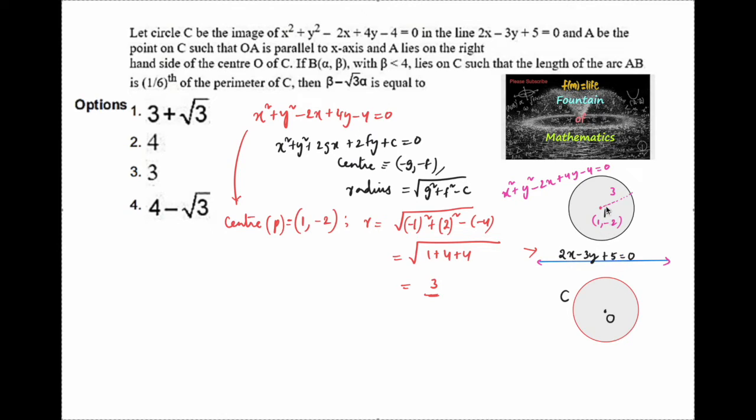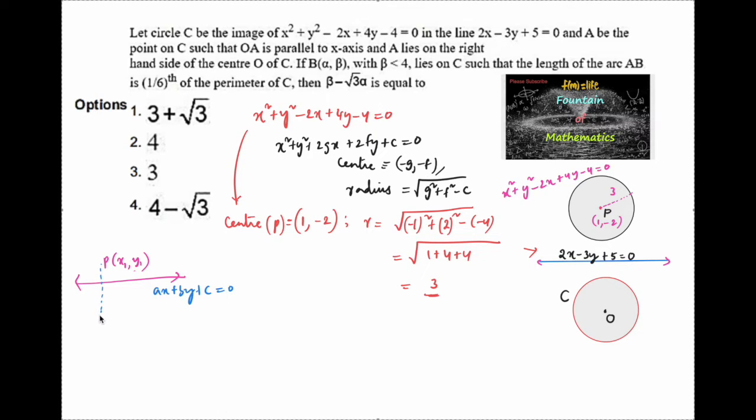So we need to find the image of this point with respect to the line ax plus by plus c is equal to 0.